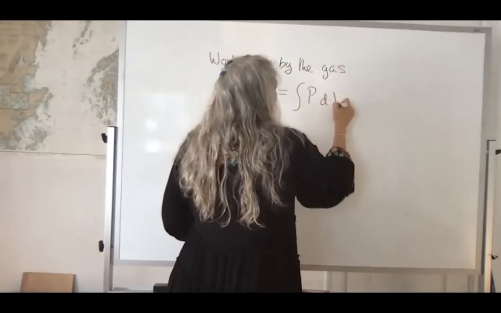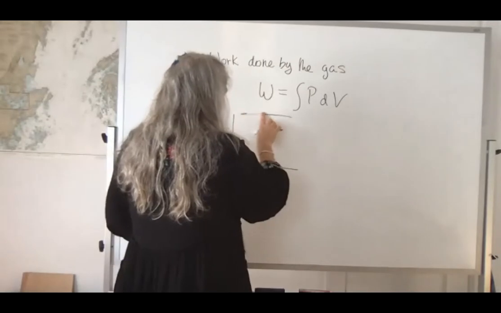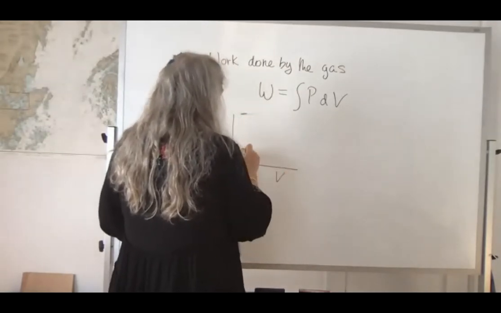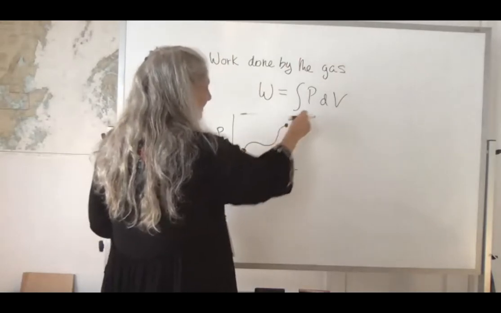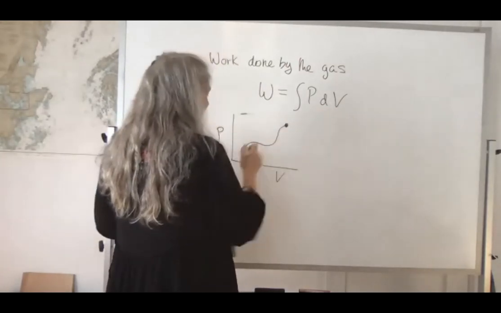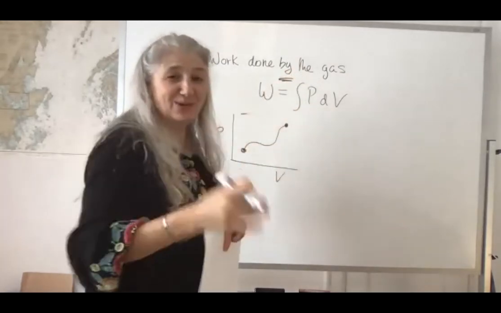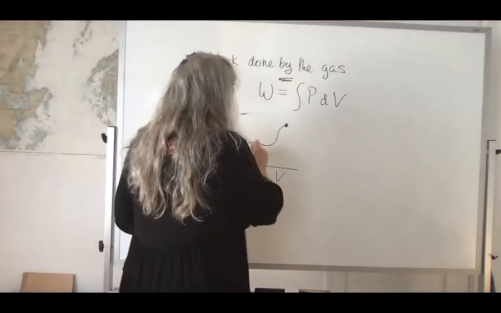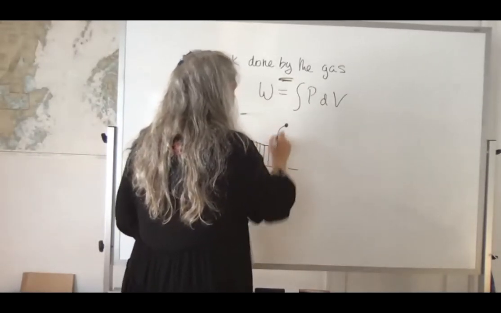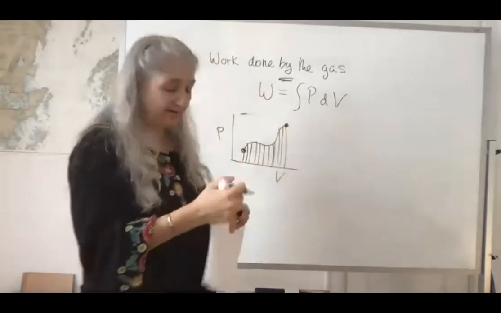If I integrate it around a path, so if I have some path, here's P, and this is V, and I start here and I move to here, then in each piece of this path I can look at PdV. This is the work done by the gas. If I was doing the work on the gas, there would be a minus PdV there. So I can integrate this up along the path, and that gives me the total work done on the path.